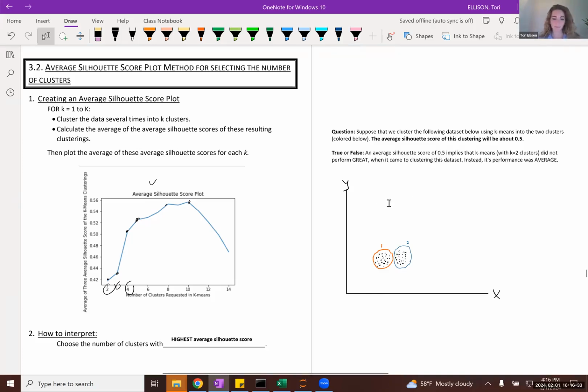So what I might say is, given that the two inherent, slash actual, clusters that exist in this data set are so close, expecting a clustering of this data set that gives you an average silhouette score that is close to 1 is unrealistic. Okay.